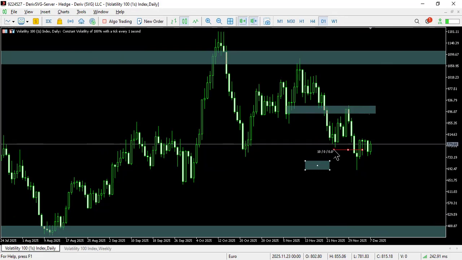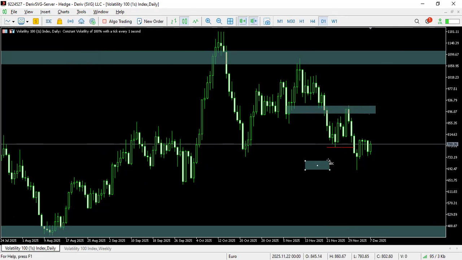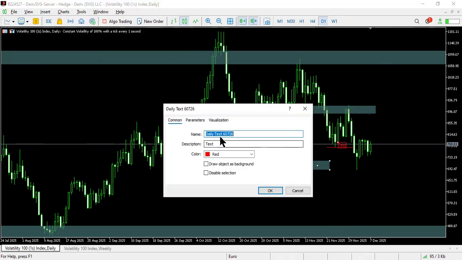Right there, we have a break of structure to the downside. So we have a break of structure.